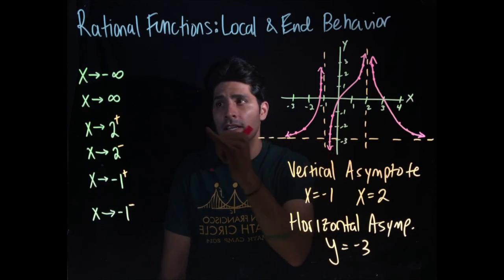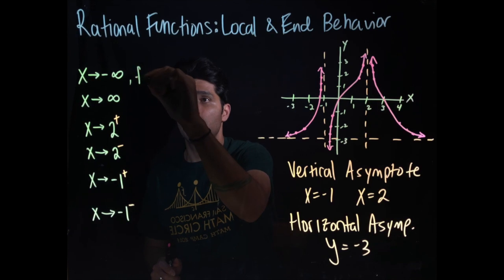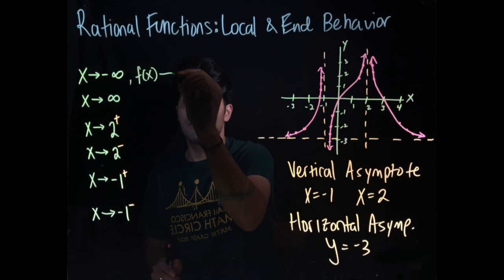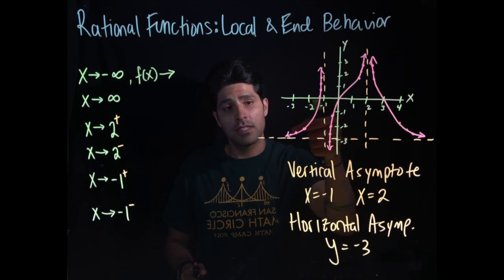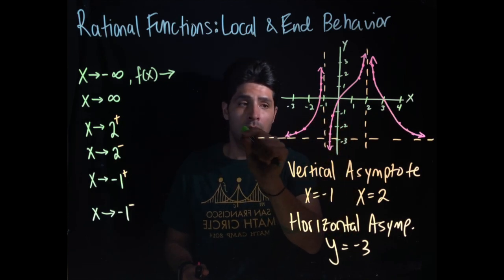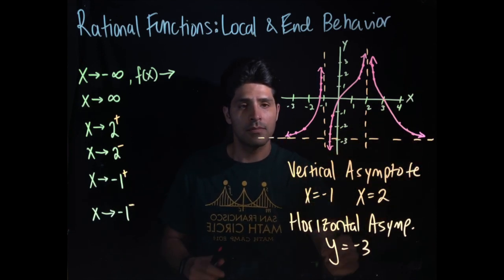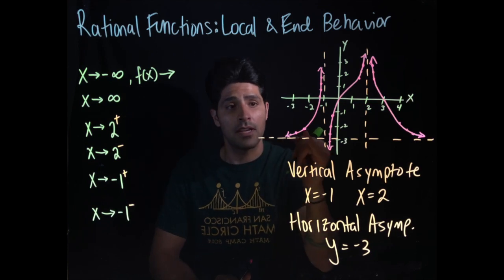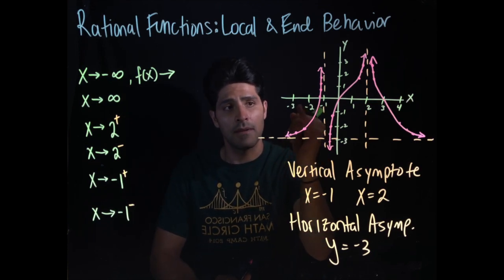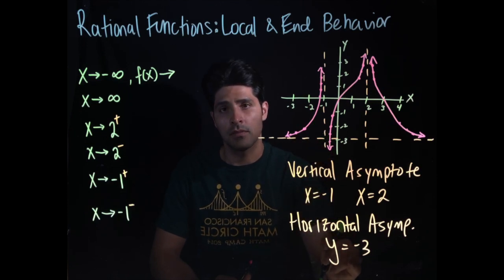But you want to analyze what the y values are doing, because that's what the homework's going to be asking you: what are the output values going to be approaching? So this graph doesn't just keep going down. That's the importance of this horizontal asymptote notation. It's telling you that as the x values keep decreasing and getting more negative, the y values are getting closer and closer to the y value of the horizontal asymptote.